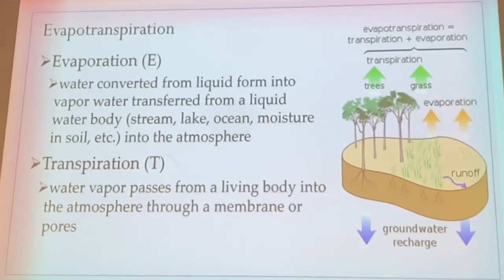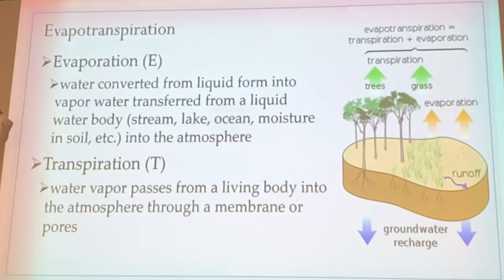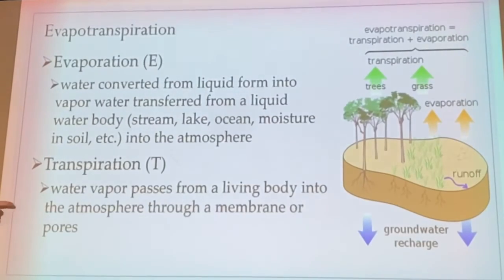So the difference between evaporation and transpiration: evaporation comes from a water body. This is like a lake, stream, river, pond, creek, ocean, whatever. Transpiration comes through a membrane or a pore.